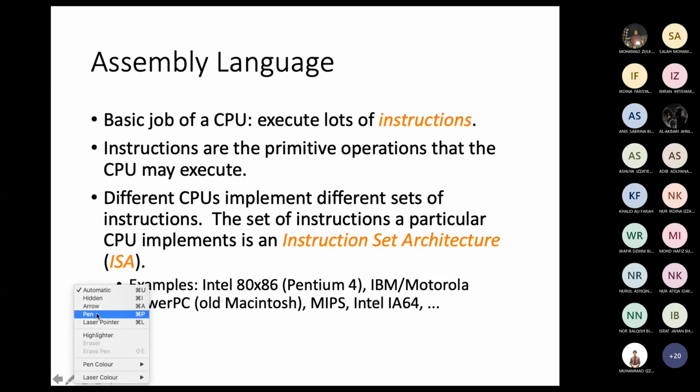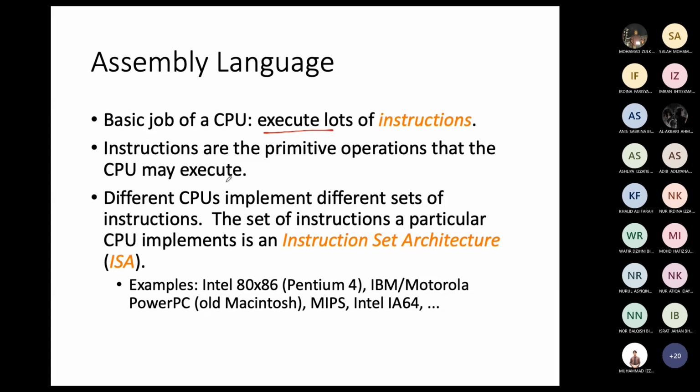The CPU would execute, but it depends on what type of data they need to execute the instruction on. There are many types of instructions, but we will learn about the basic instructions that can be executed by the CPU. Instructions are the primitive operations that the CPU may execute.